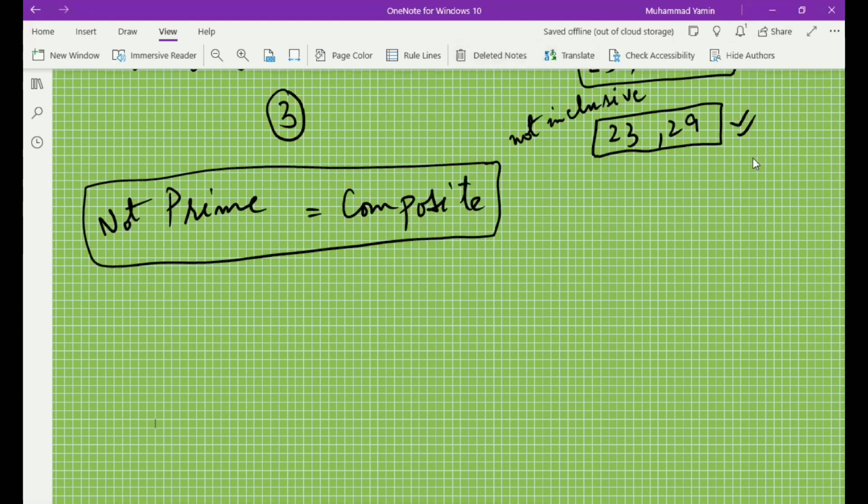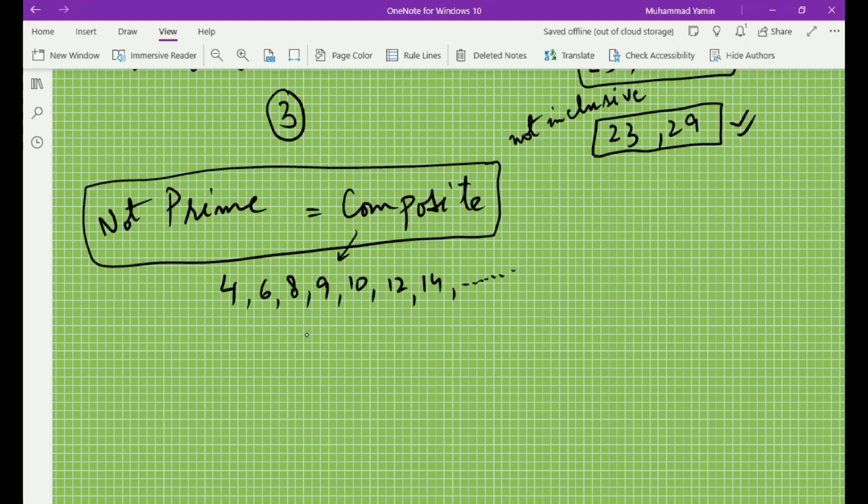Okay. And the composite numbers normally start with 4. 4 is the first composite number. 4, then 6, then 8, then 9, 10, 12, 14, and so on and so forth. Many numbers are there till infinity.